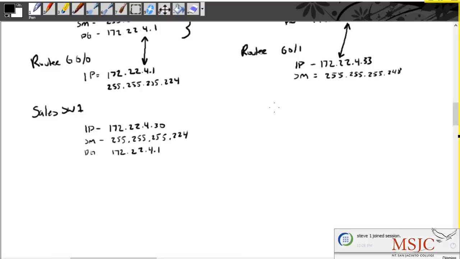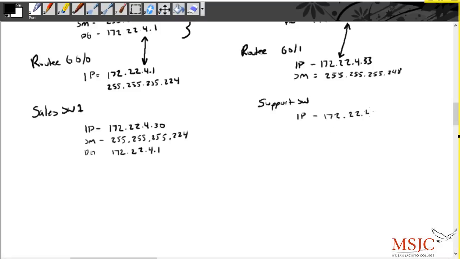The default gateway will be the router's IP, which we now know as 172.22.4.1. Now the support SW switch resides on the support network. Its IP will be the last available IP in that network, which will be 172.22.4.38.